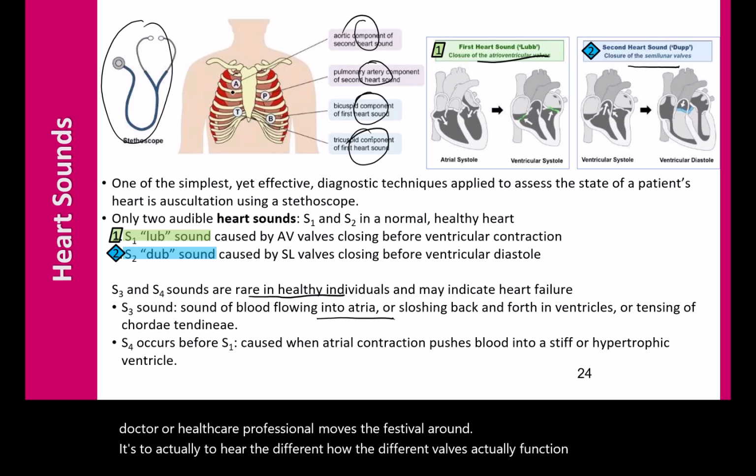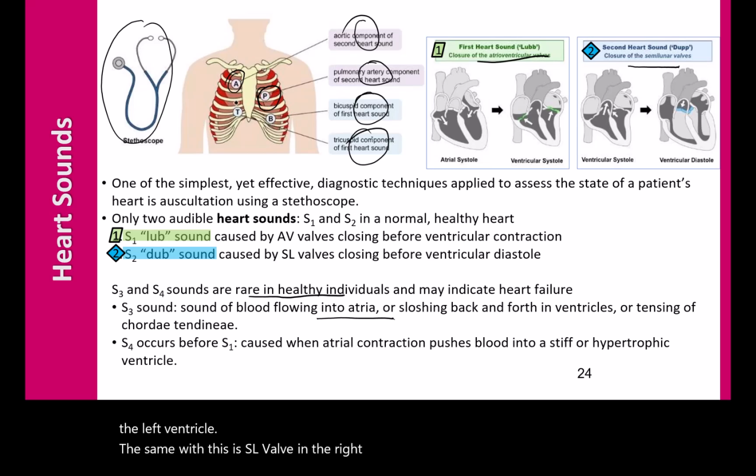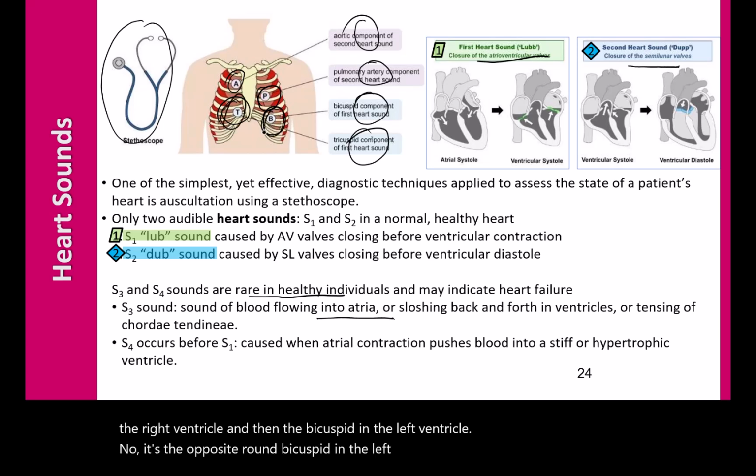So placing the stethoscope here gives you the aortic component of the SL valve of the left ventricle. The same with this, the SL valve in the right ventricle, and then you've got the tricuspid in the right ventricle, and then the bicuspid in the left ventricle. Oh, it's the opposite around. Bicuspid in the left ventricle, tricuspid in the right ventricle.